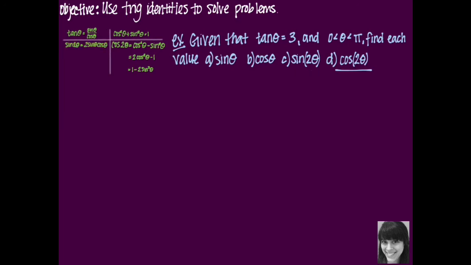Now, cosine 2 theta. I'm given the sine and I'm given the cosine, so I'm just going to do that one. Or I guess you could do any of them. You have all of the information for them. But I'm just going to go with it. So cosine of 2 theta equals cosine squared of theta minus sine squared of theta.